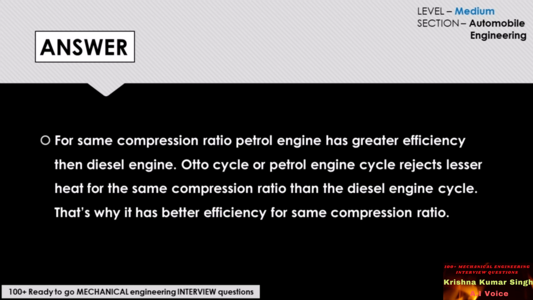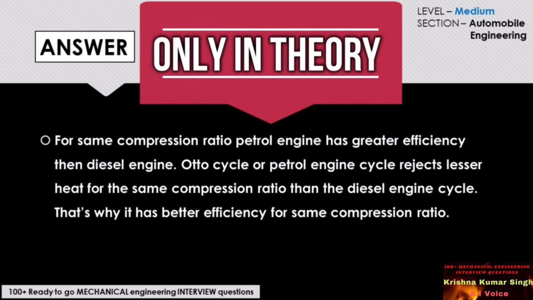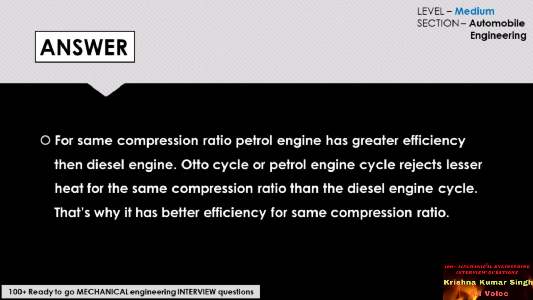That's why it has better efficiency for same compression ratio. However, you must add to this answer that this is a theoretical assumption. In practical sense, you can explain what I have told earlier in the explanation of the question.